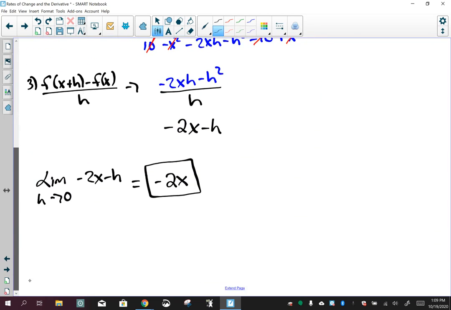So what you have just found is your slope equation. This will generate a slope at each specific point on that specific parabola. And it doesn't matter where you're at. You'll plug in whatever x value is, and it'll tell you the slope.